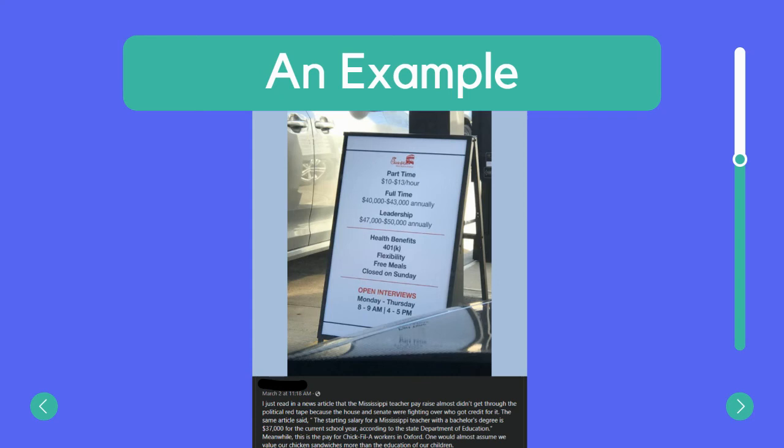But somebody's trying to make that point, and you can see the issue with this. It's not that we value chicken sandwiches more than the education of our children. It's that a company is able to decide what they want to pay their people, whereas the government is deciding it as well. And those things tie into who you put into place in the government.